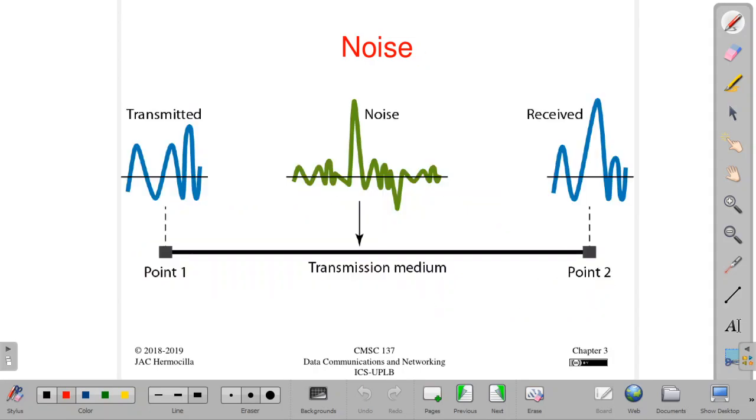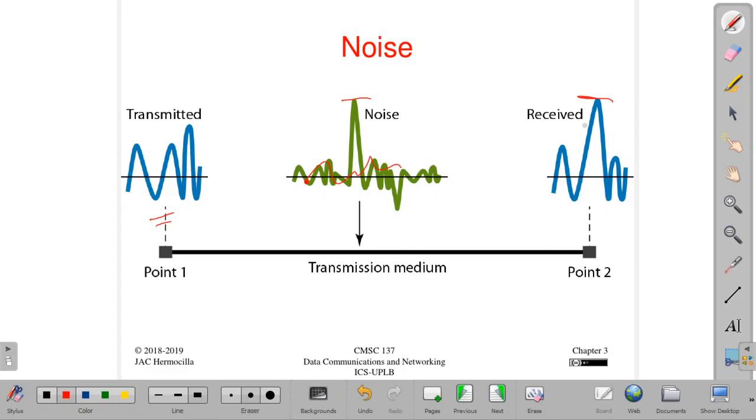So this is an example of noise. So this is the original signal, and then suddenly there is lightning, and then the signal is affected, and then at the receiver end you will see the fluctuation being incorporated in the received signal.